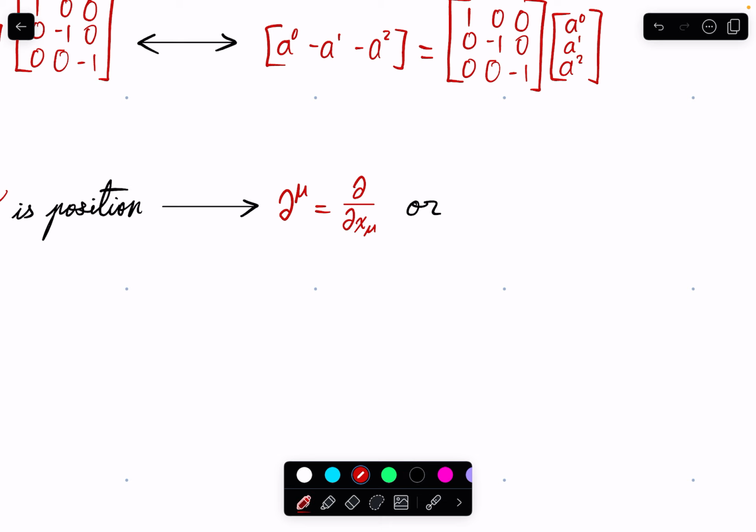Or you can use the covariant derivative, except I wouldn't really call it the covariant derivative because that means something else technically. You get mathematicians and physicists repeating names for things, so just say the derivative with respect to the covariant position, or the derivative with respect to the contravariant position.